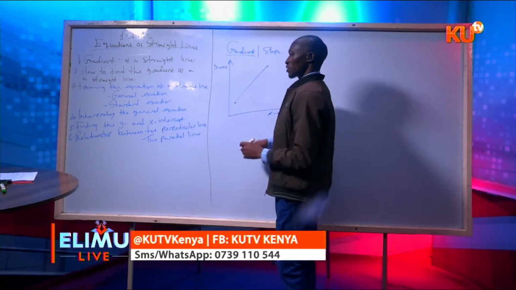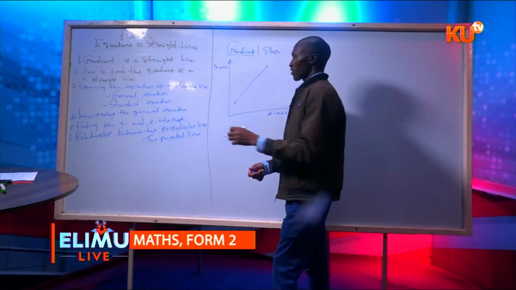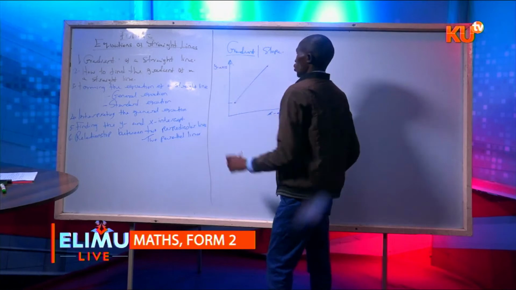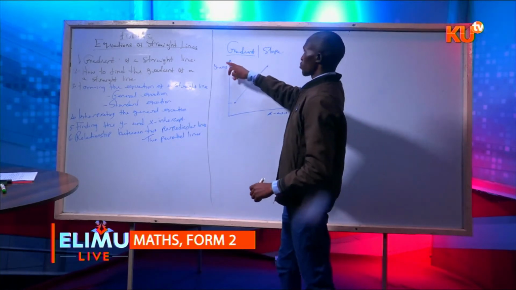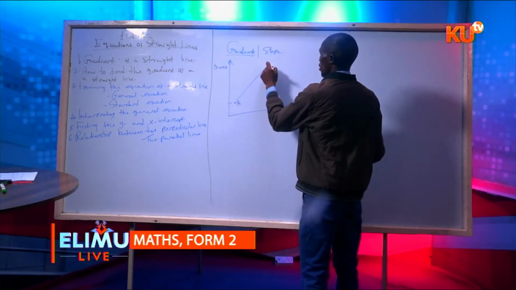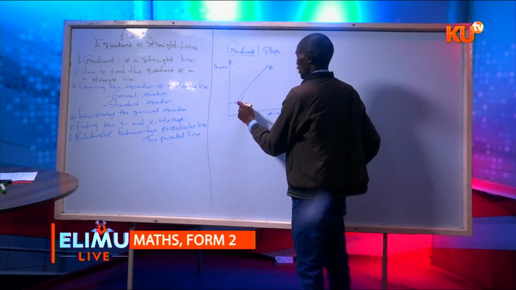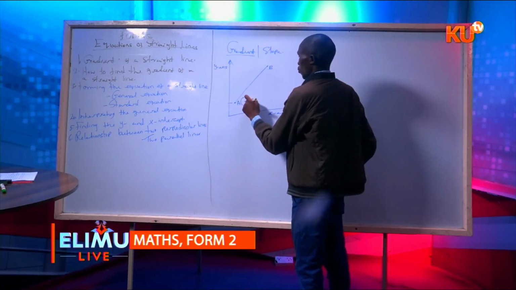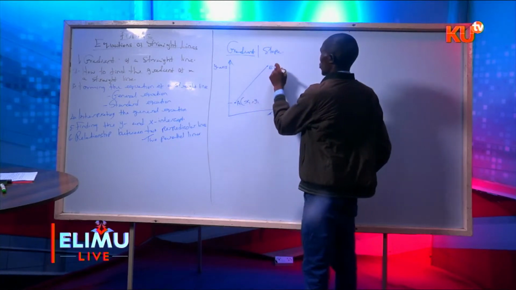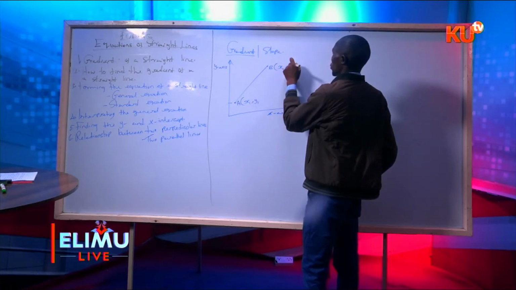When we talk about the change in the y-axis, this is the difference in the two coordinates represented by the y-axis. If we have A and B, let's think of A as x1 and y1, and B as x2 and y2.